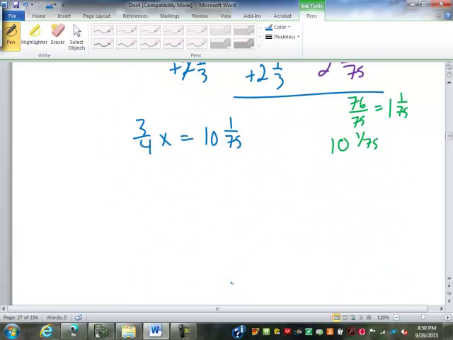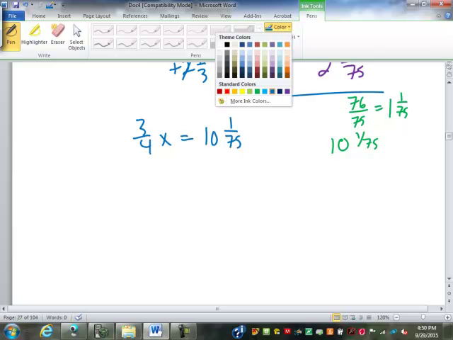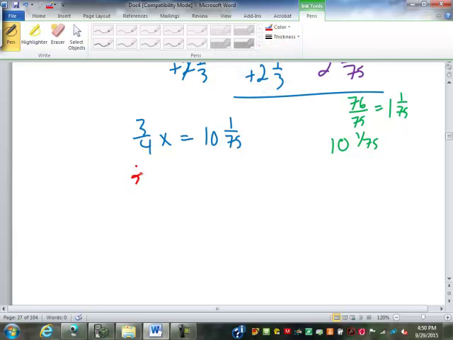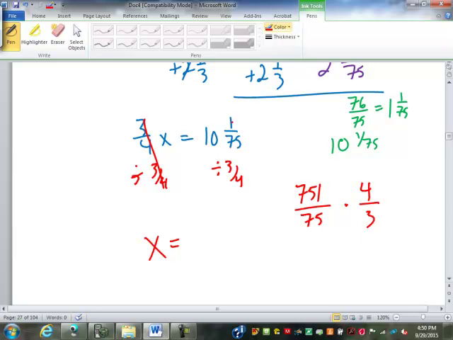What's next? Divide by 3/4. So x equals, well, 10 times 75 is 750 plus 1 is 751 over 75 times 4 over 3. Can we cross cancel anything?